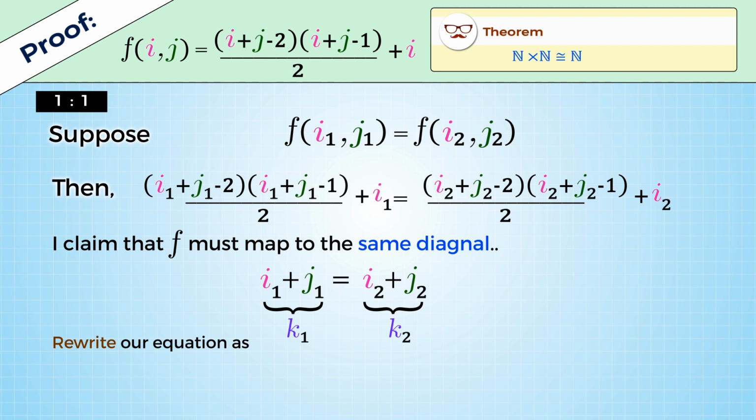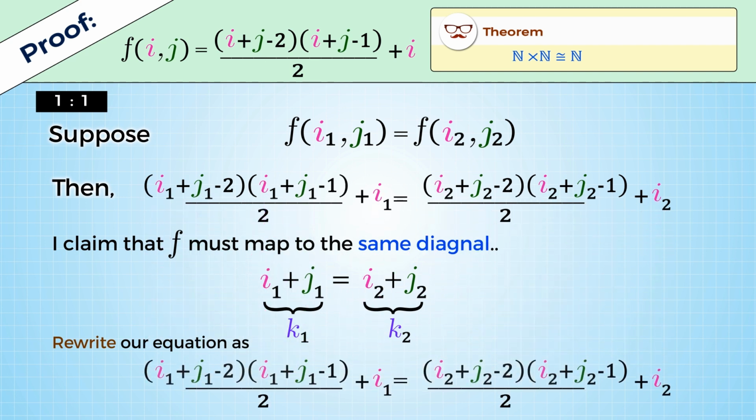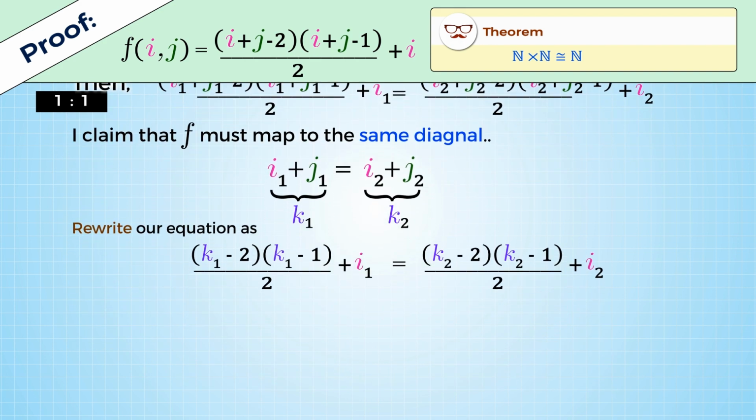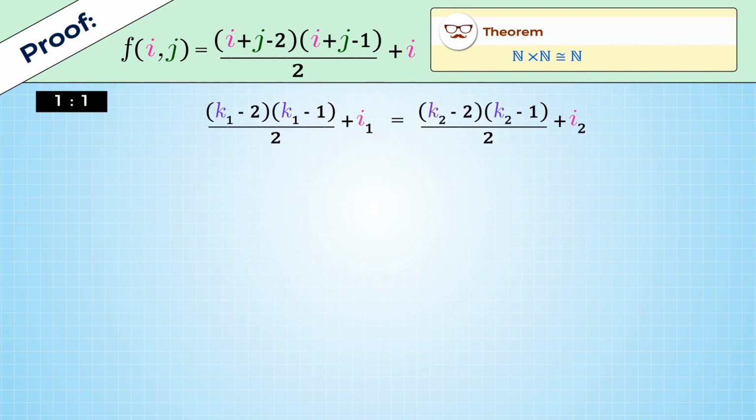Rewrite our equation in terms of k, as (k1-2)(k1-1)/2 plus i1 equals (k2-2)(k2-1)/2 plus i2. Without loss of generality, suppose k1 is less than k2.